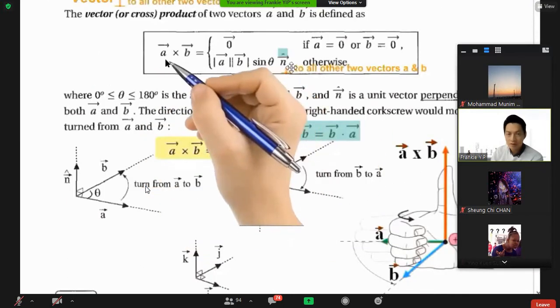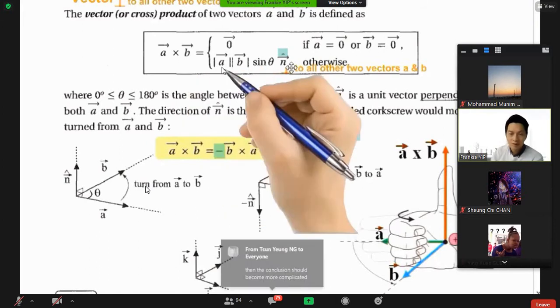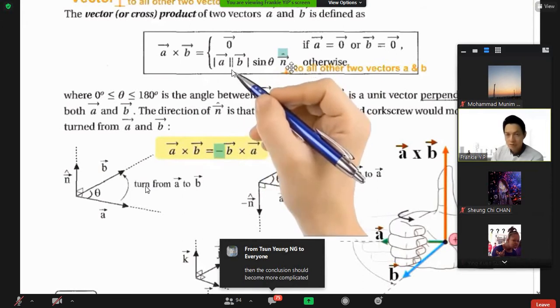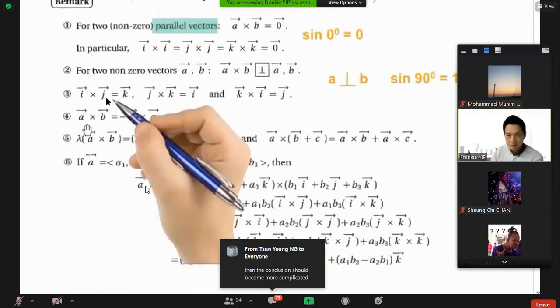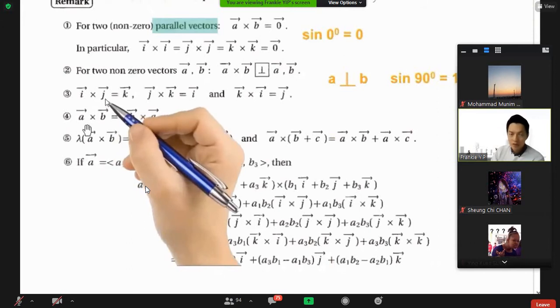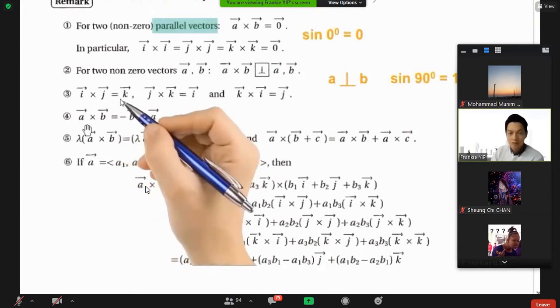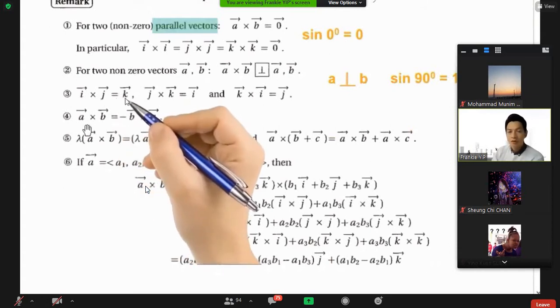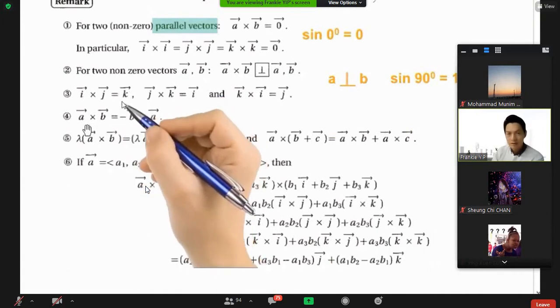If A cross B, if these two vectors are perpendicular to each other, so it is sine 90 degrees, it becomes 1. And it only multiplies the magnitudes of A and B together. But for this case, I and J, the magnitudes are 1 only. So I cross J, of course, is equal to magnitude of I, which is 1, times magnitude of J, which is 1, times the third perpendicular vector, which is K. Got it? So it's easy.